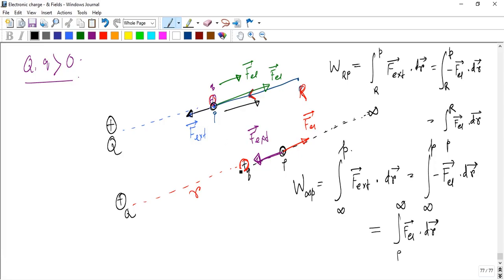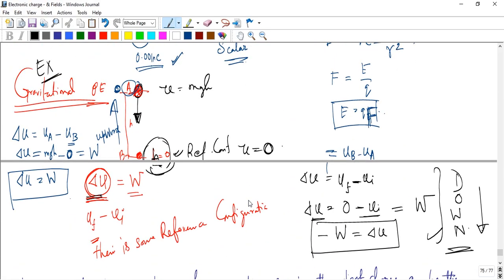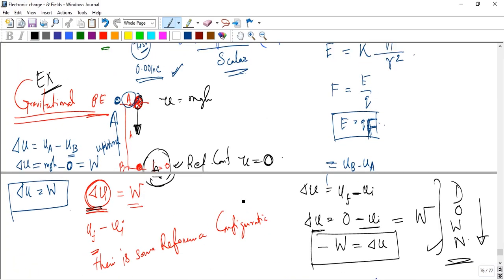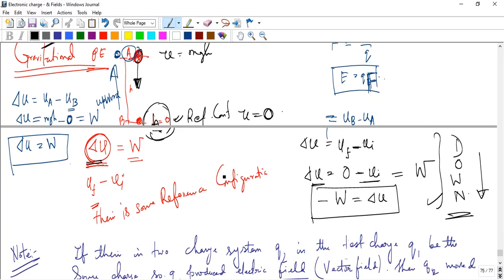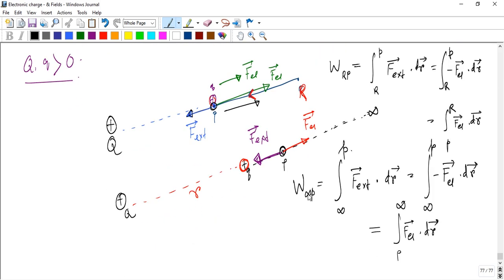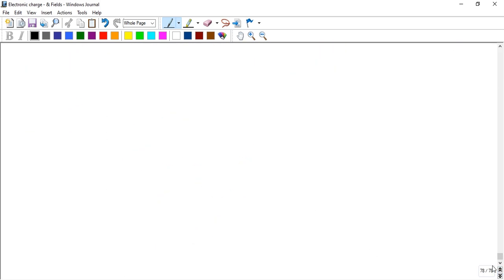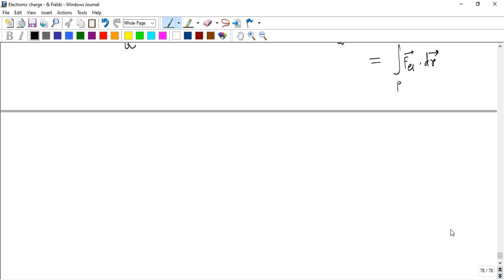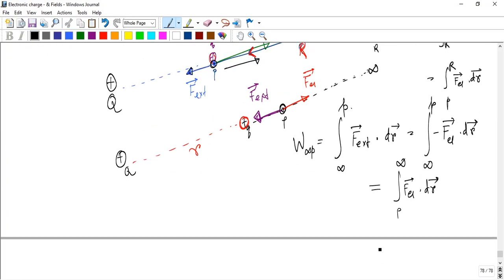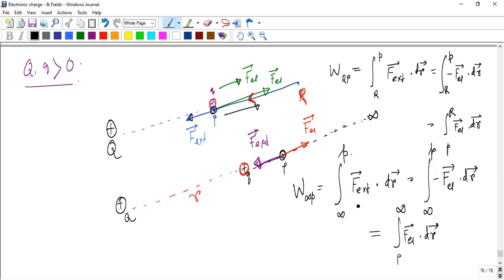When you calculate the potential energy, we always choose some reference configuration. Now suppose delta U. That is the work done, related to the change in potential energy.